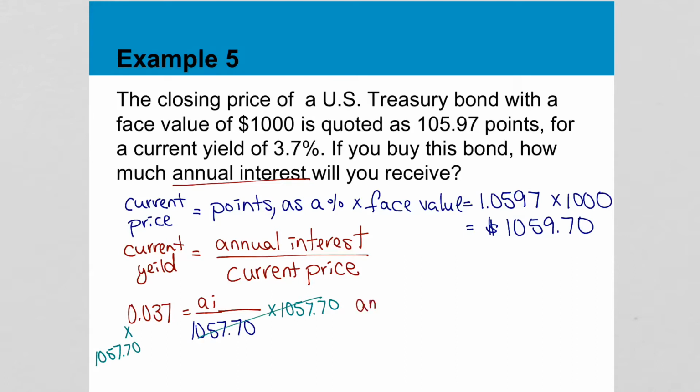The annual interest then is 0.037 times 1,057.7, or $39.21.